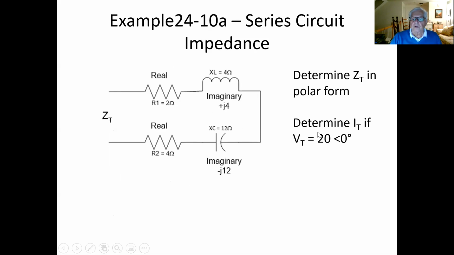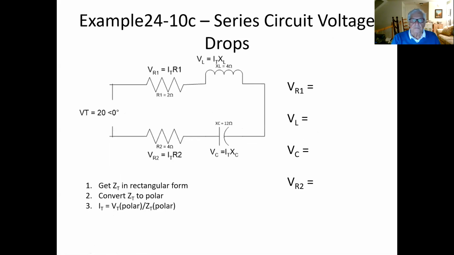And we want to determine the currents if the voltage we put in there is 20 volts at 0 degrees. So let's design it first. Our method is to figure out the total impedance, ZT, in rectangular form.